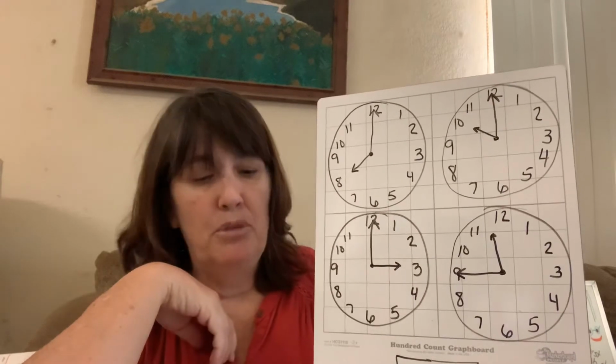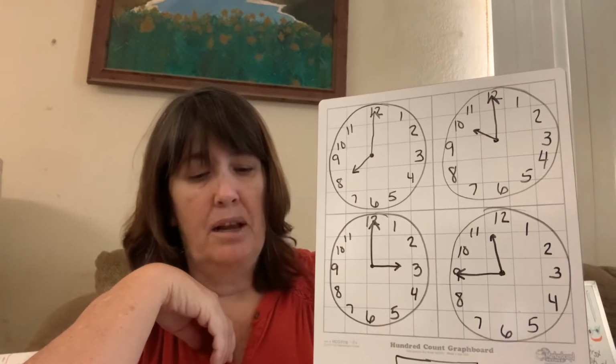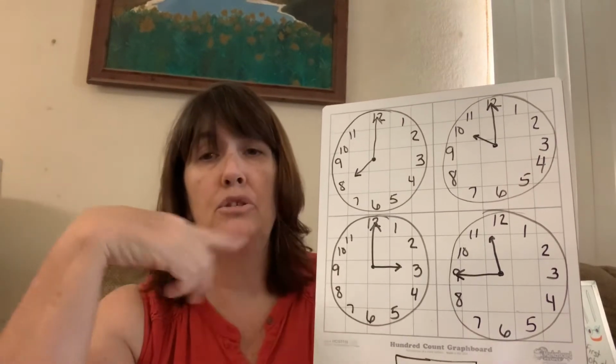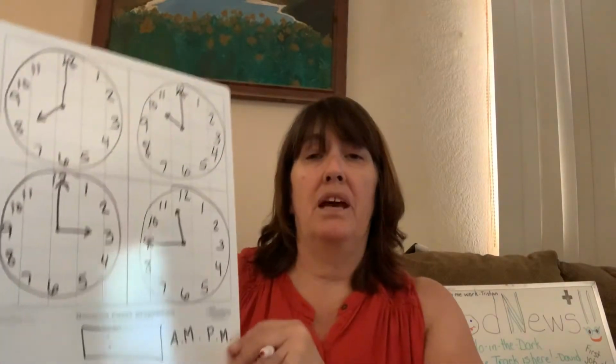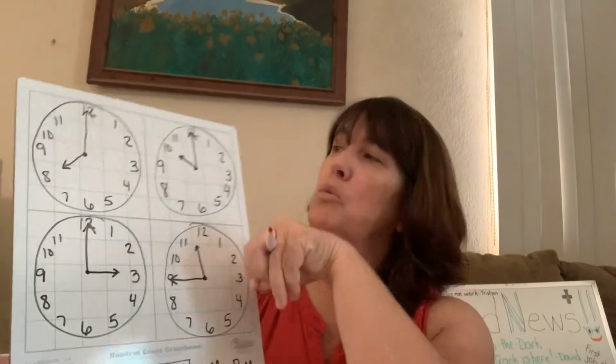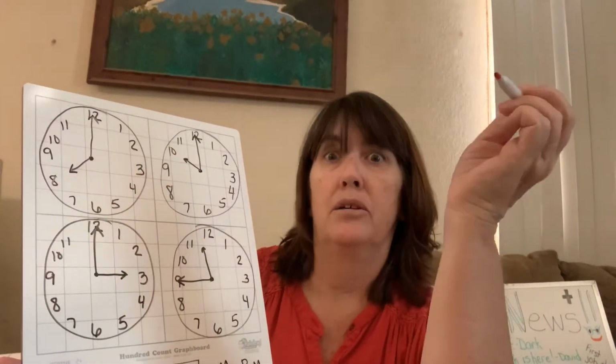Now, I'm going to find out how much time passes to go to 11 o'clock, okay? Now, usually I would have a clock that moves. I don't have a clock that moves because those are in the classroom. So we're going to do it with a pen and hopefully that will work.